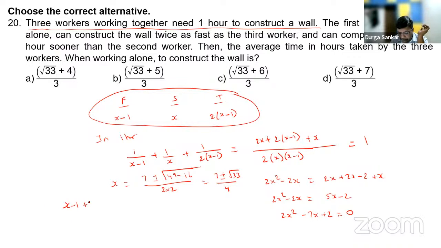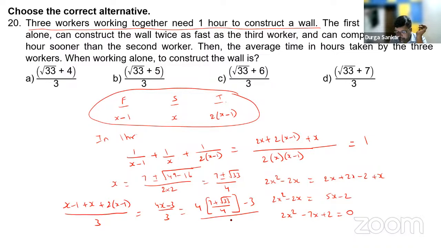Which is nothing but X minus 1 plus X plus 2 into X minus 1, whole divided by 3, which is equal to X plus 2X is 4X minus 3 by 3. So 4 into 7 plus root 33 by 4, minus 3, whole divided by 3.